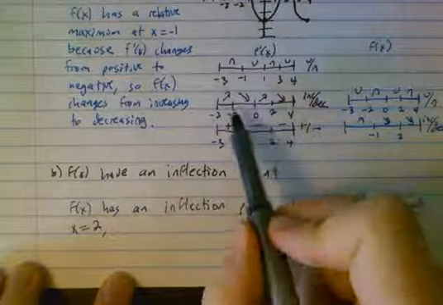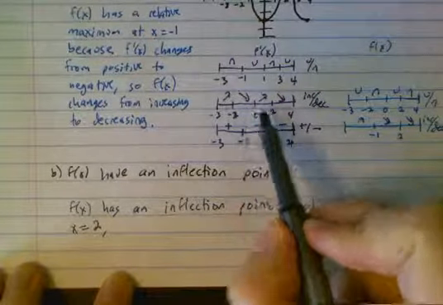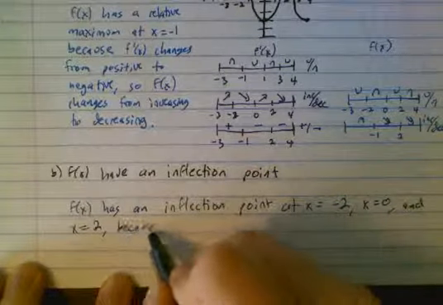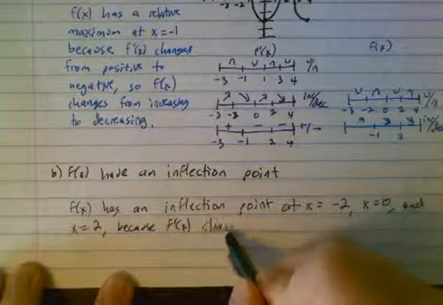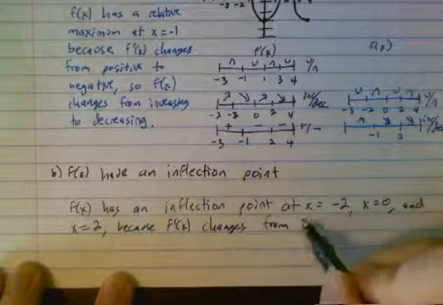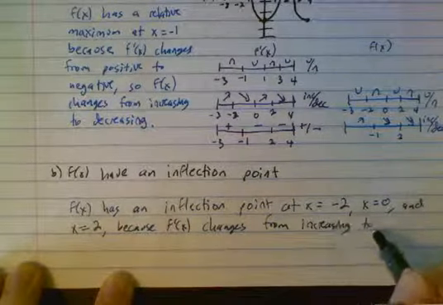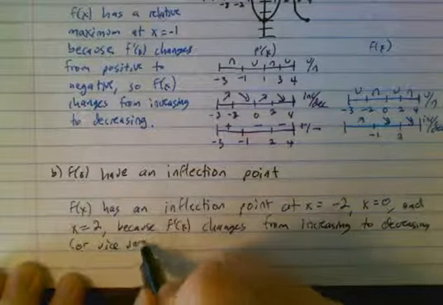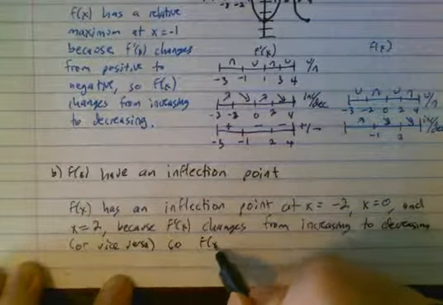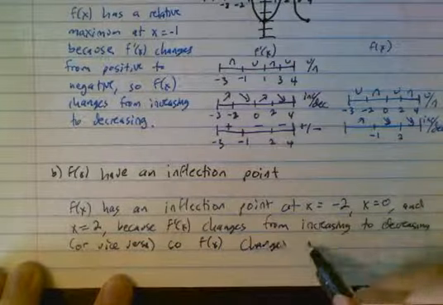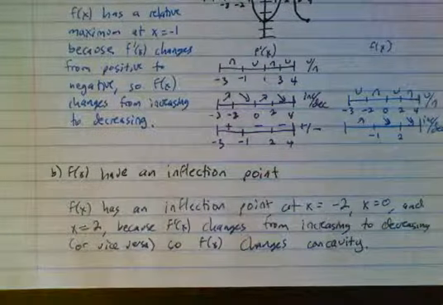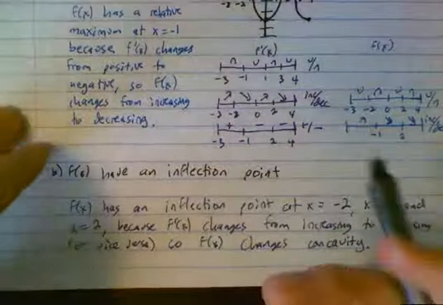We know that because f prime of x is changing from increasing to decreasing, or vice versa, and that means f of x changes concavity. And so on and so forth. Once we have this chart, anything on there is fair game.